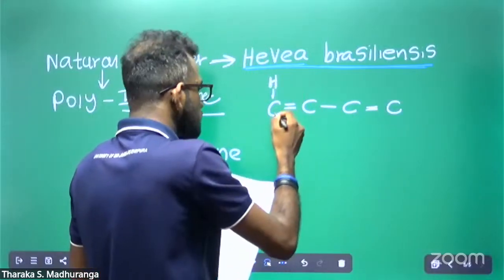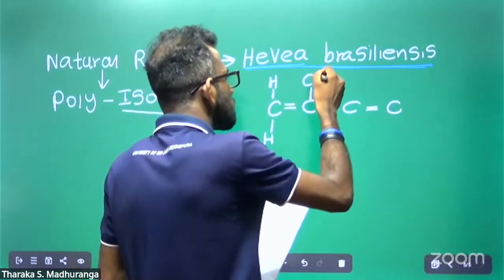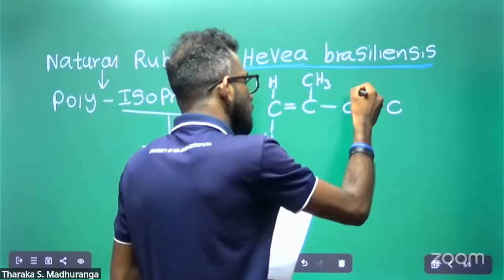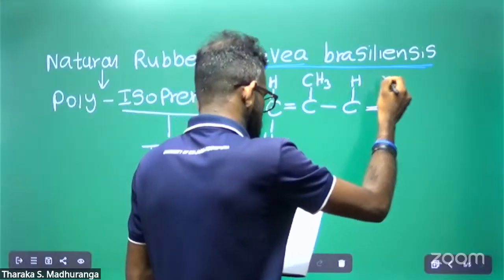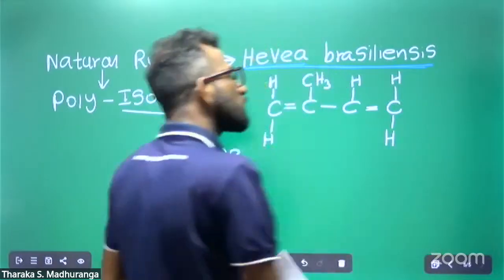Remember this isoprene only. Polyisoprene is the polymerization of isoprene. You have to remember isoprene. This is the structure of isoprene.